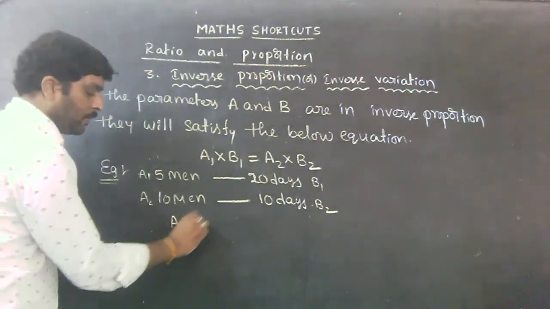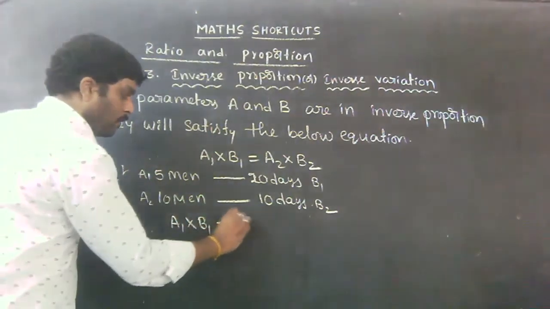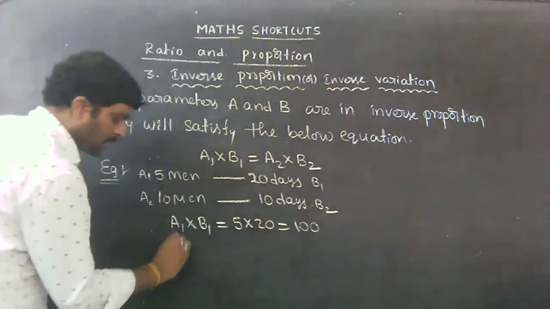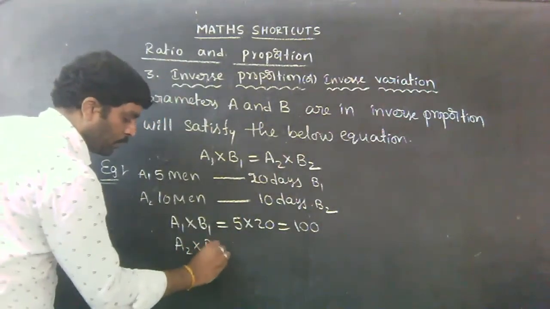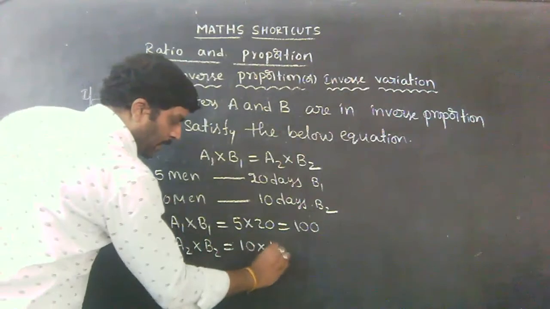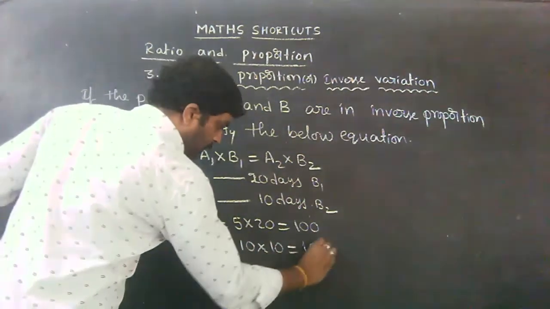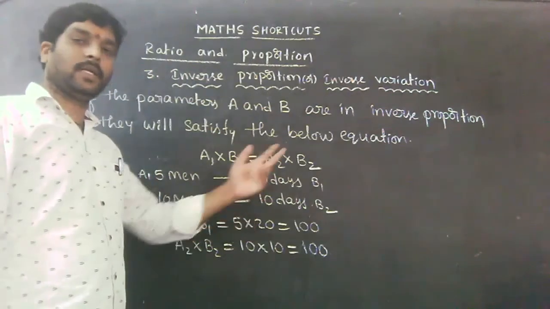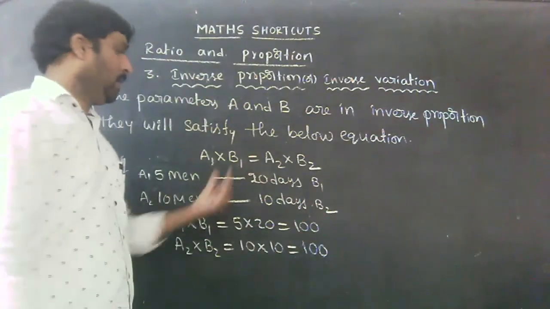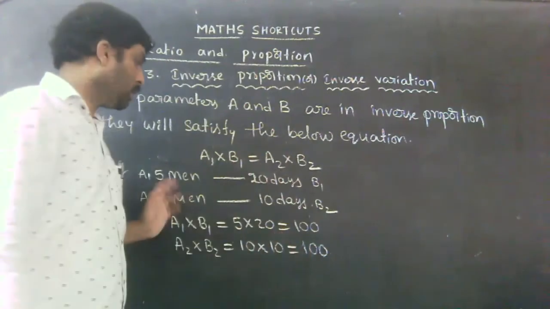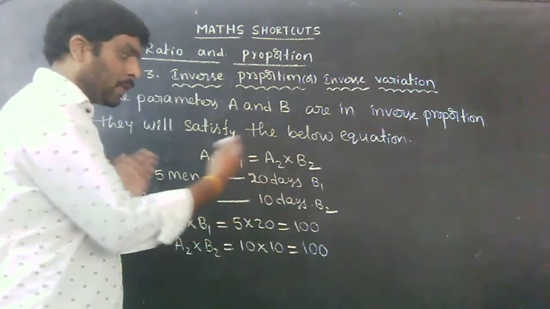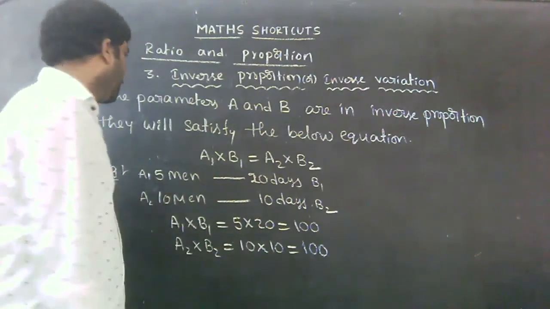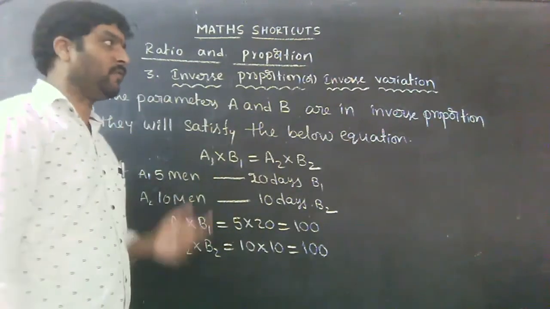A1 into B1: 5 into 20 is 100. Next, A2 into B2: 10 into 10 is 100. This is the total work. So 5 men, 20 days work is 100. 10 men, 10 days work is 100. Both are in inverse proportion, so their product is constant. A1 B1 equals A2 B2. This is inverse variation or inverse proportion.